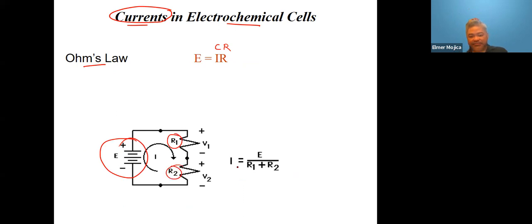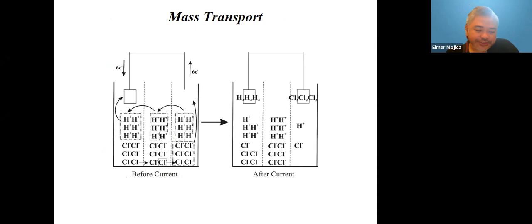And the current is just equal to the potential divided by the resistance. And we're going to encounter later on what this Ohm's law means, how it affects currents in the electrochemical cell. So usually, there's a mass transport resulting from current in bulk solution.